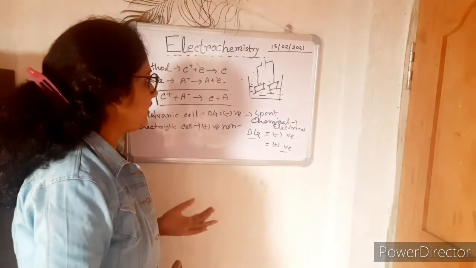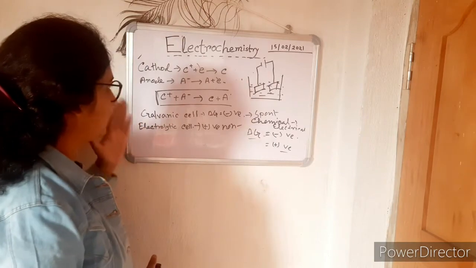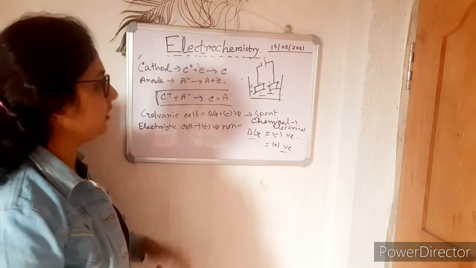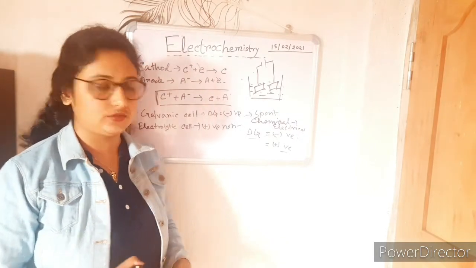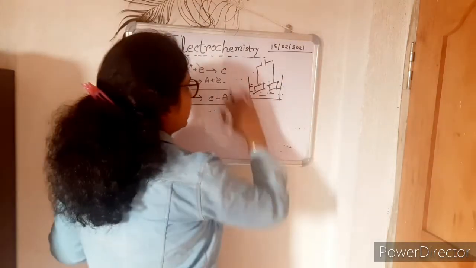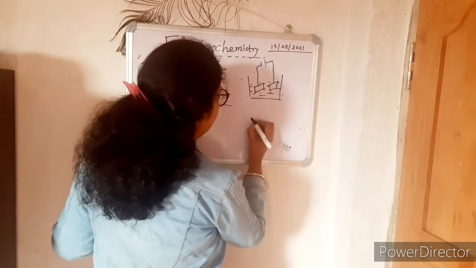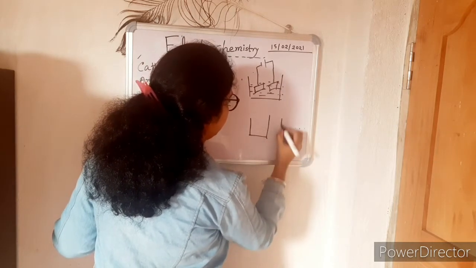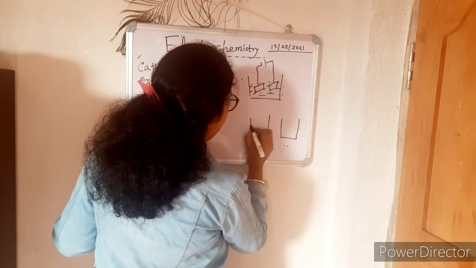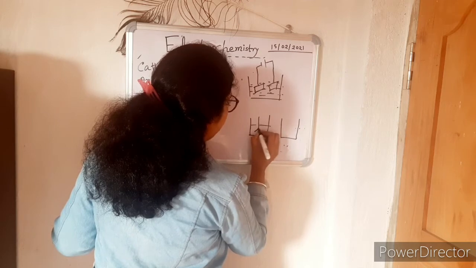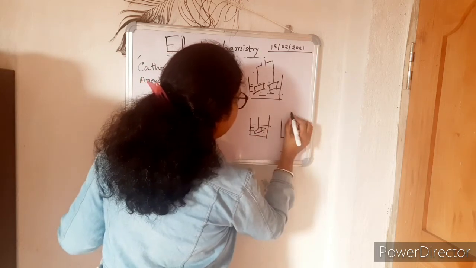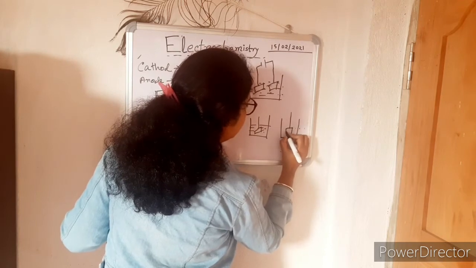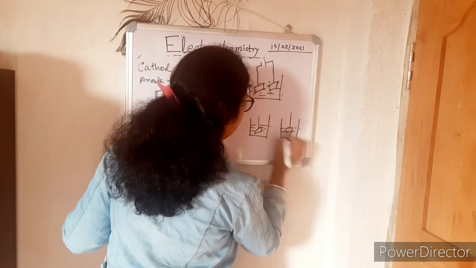Another very important feature of electrochemistry is how you can represent a cell by a short note. This is a single beaker cell, and you can also think of the cell in this type. There is an electrode dipped in this electrolyte, and there is another electrode dipped in another electrolyte.